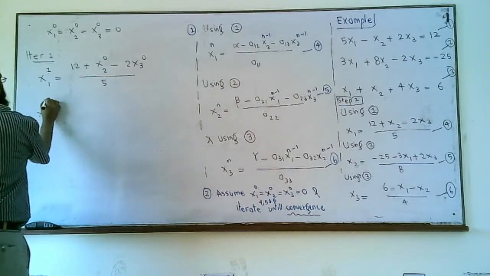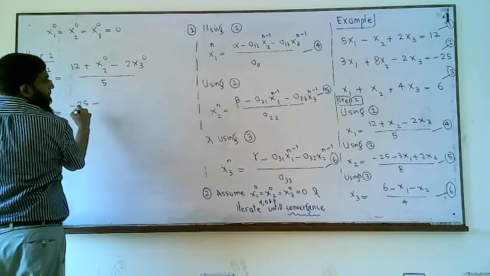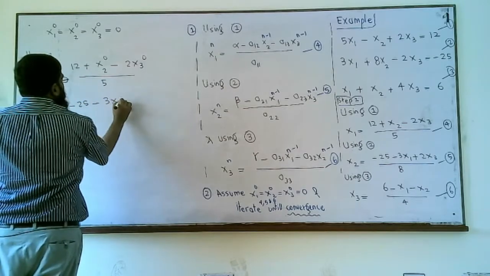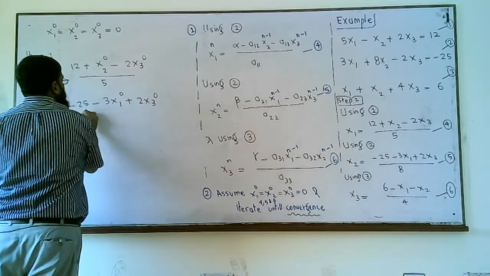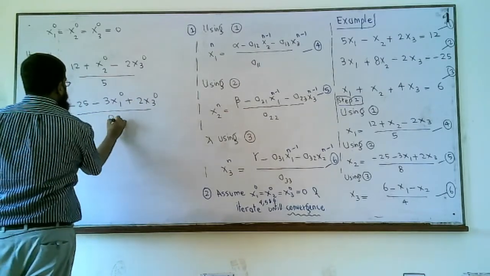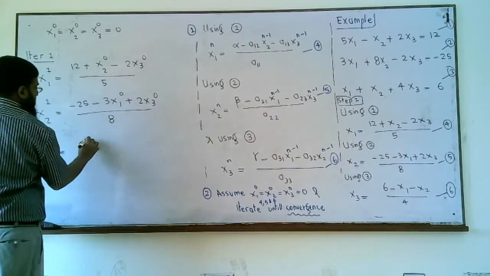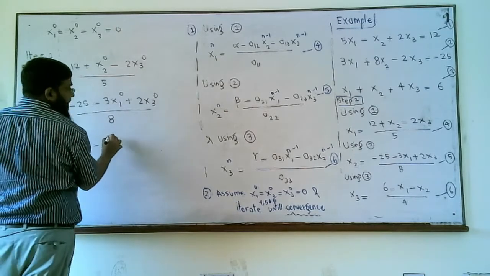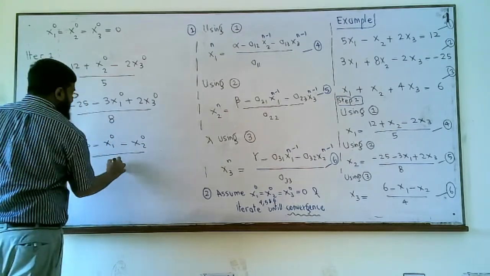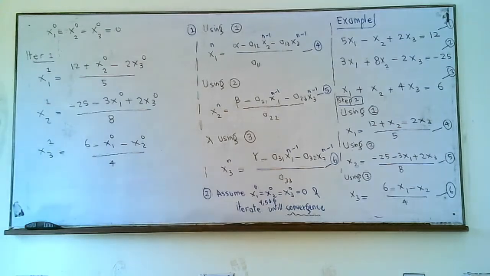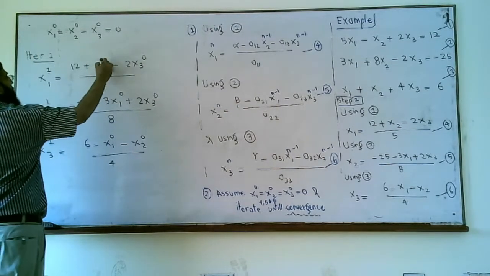And x2 at iteration number 1 is minus 25 minus 3 times x1 at iteration 0 plus 2 times x3 at iteration 0, divided by 8. And x3 at iteration number 1 is 6 minus x1 at iteration number 0 minus x2 at iteration number 0, divided by 4. Since all these values are 0, therefore we'll replace them with 0.